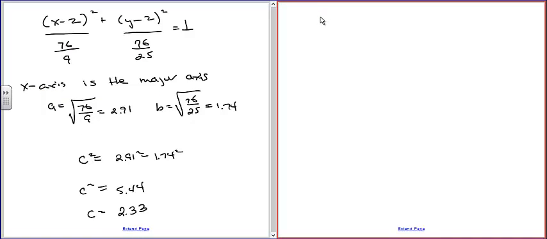So I'm going to write those numbers down. A is 2.91, B is 1.74, C is 2.33. The center is 2, 2, because I used that up here. Okay, so now we should be able to draw this, or sketch it.